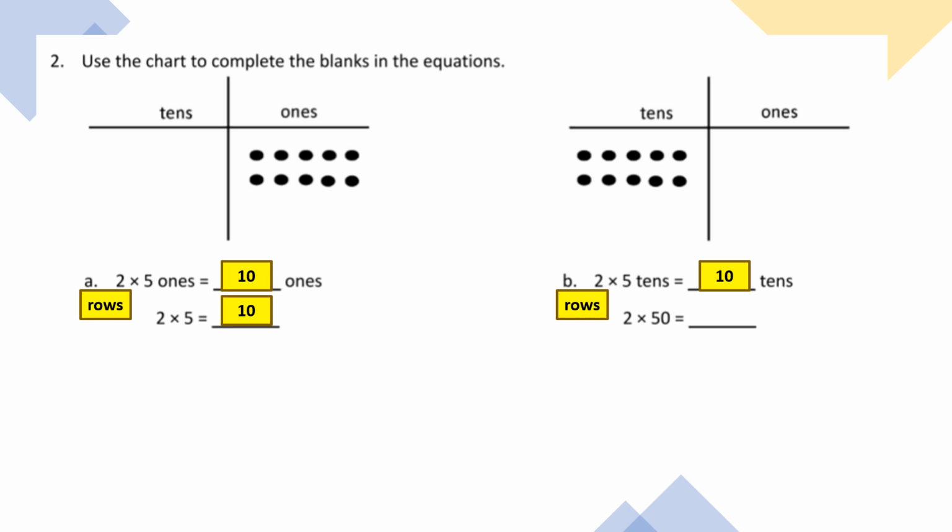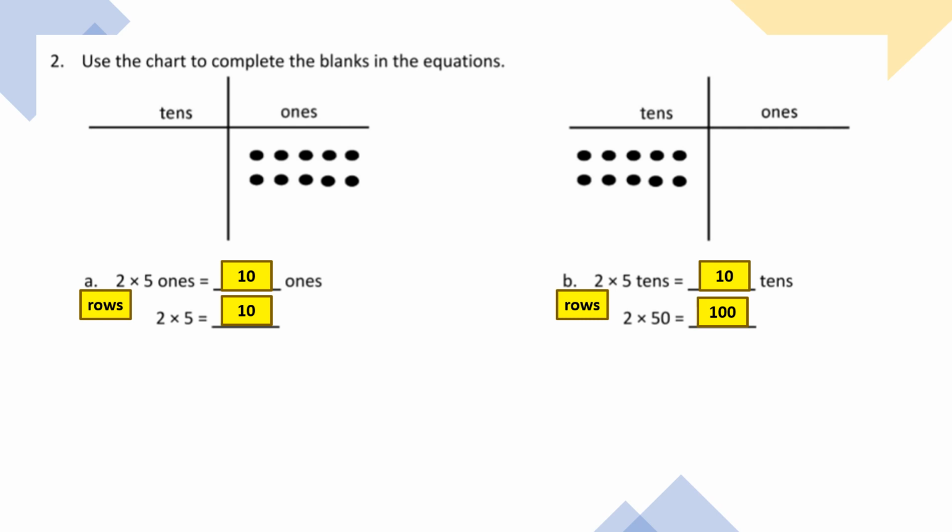Now let's look at the equation below it. 2 rows of 5 tens is the same thing as saying 2 rows of 50, because each one of those discs is worth 10. Now, again, if we focus on just the first two numbers, the 2 and the 5, we know that 2 times 5 is 10. And if you put a 0 behind it, then that would make it 100.